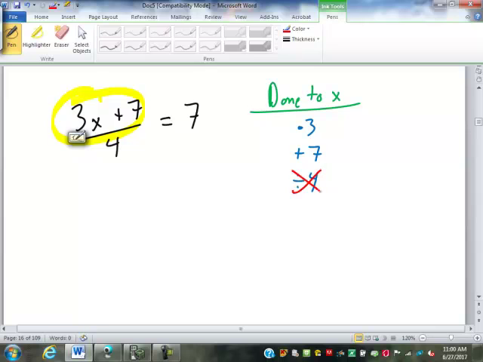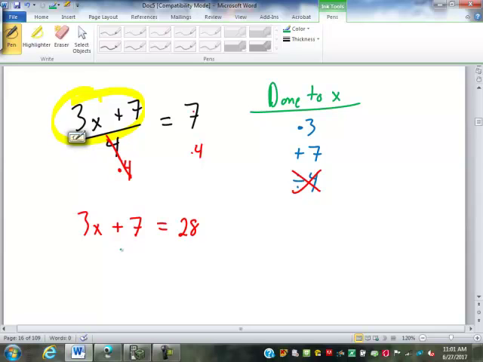We have to get rid of the dividing by 4, which means we're going to multiply by 4. So what that does is it removes the 4 over here, and we're left with just 3x plus 7. Over here we have to do 7 times 4 is 28. And then the rest looks pretty familiar.